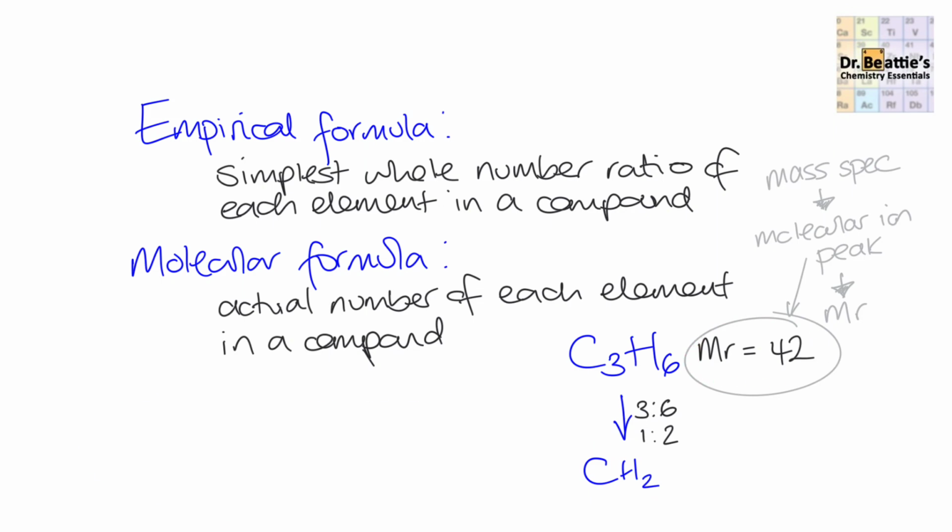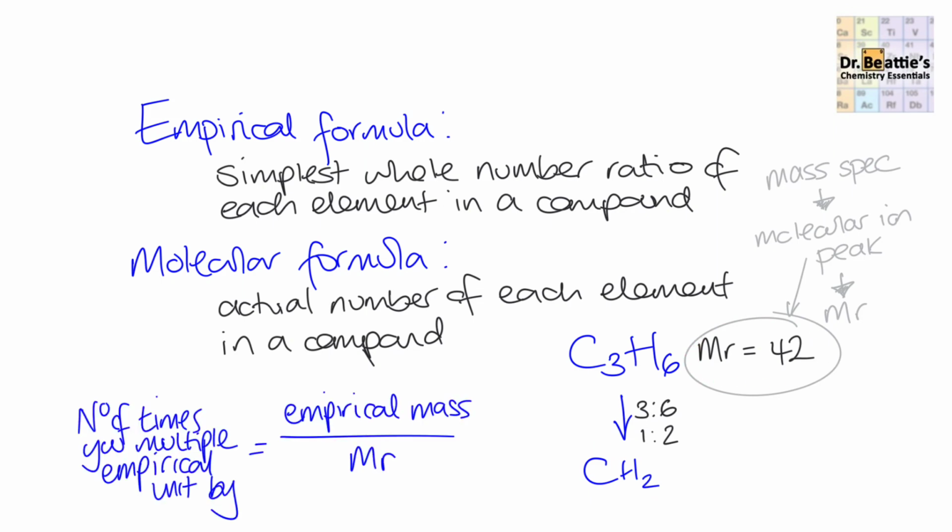mass, that tells you how many times you need to multiply this unit by in order to get to the molecular formula. So for example here, we take the empirical mass 14 and we would divide that into the MR 42.